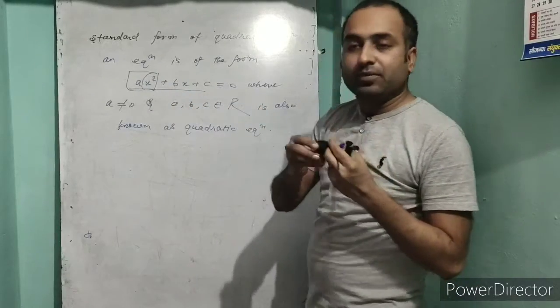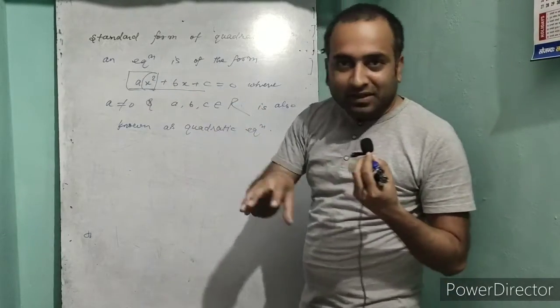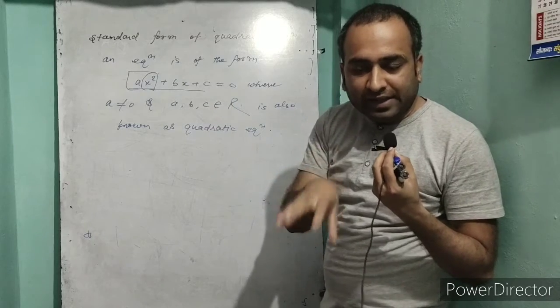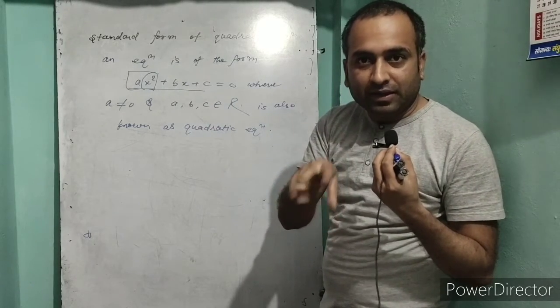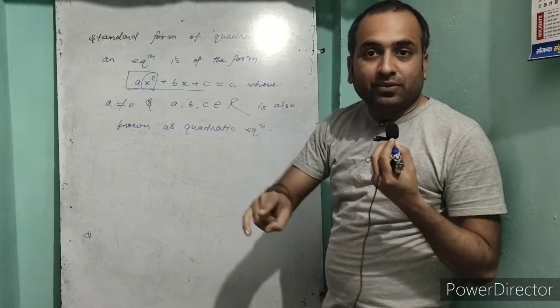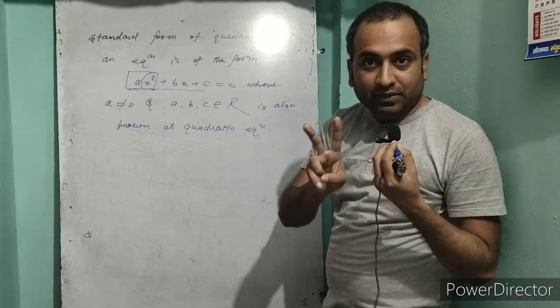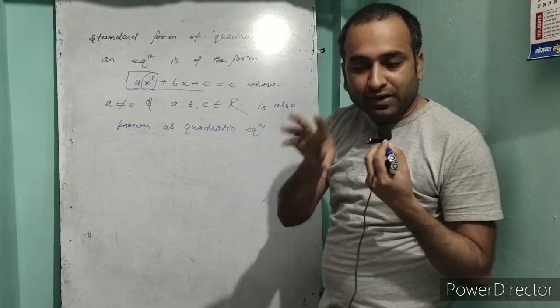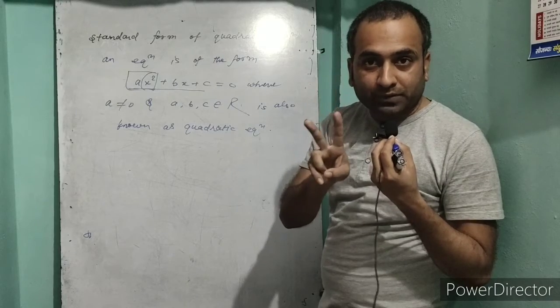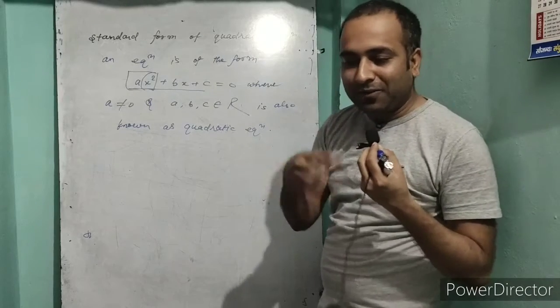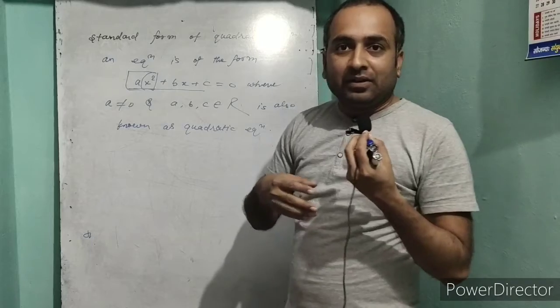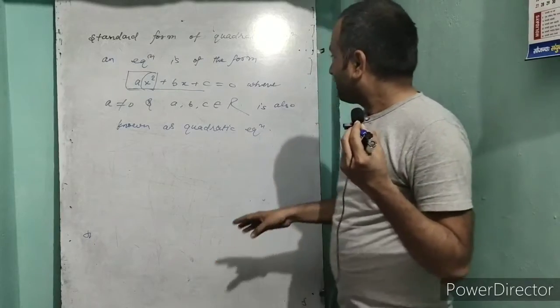The degree of this polynomial is 2. So listen, the highest power of the variable is 2, so this will give you 2 roots. Okay, every quadratic equation has 2 roots, and now I want to tell you something more. Listen.